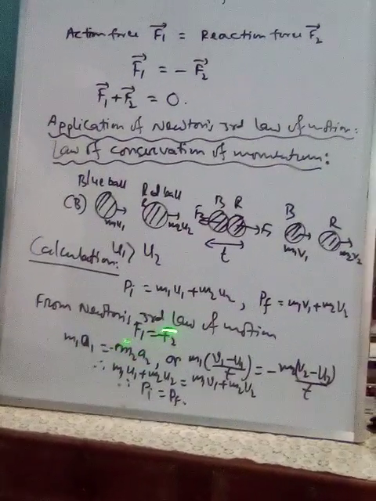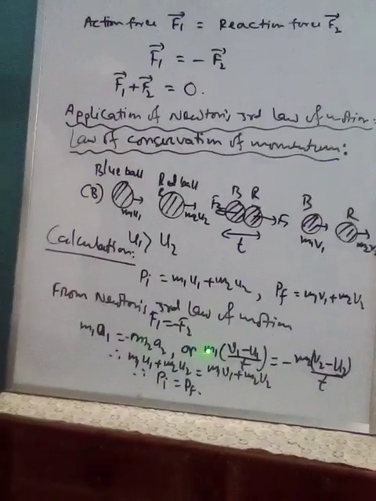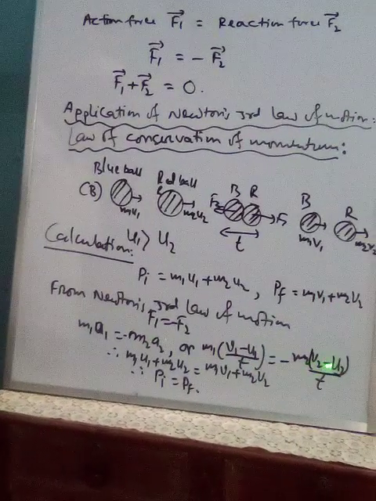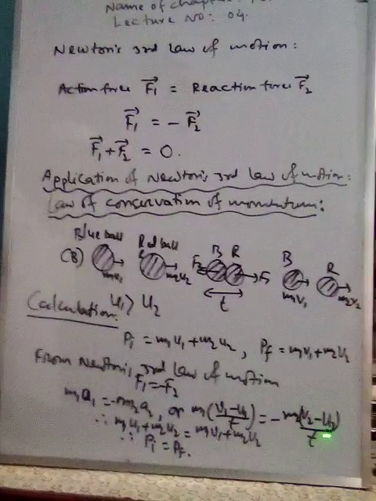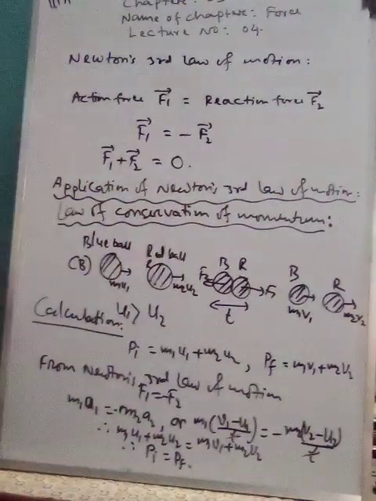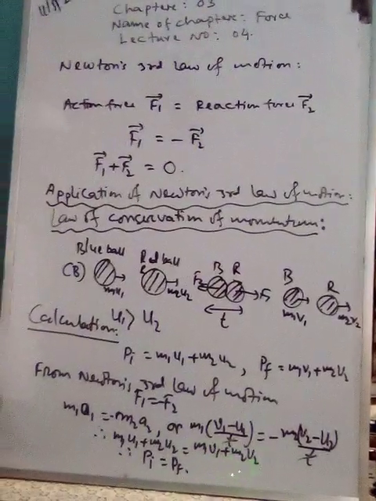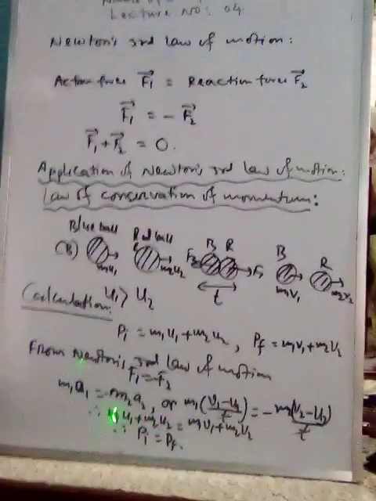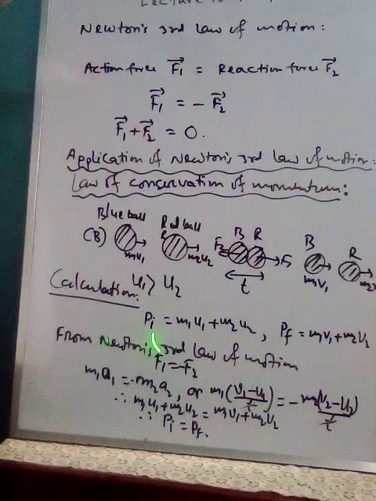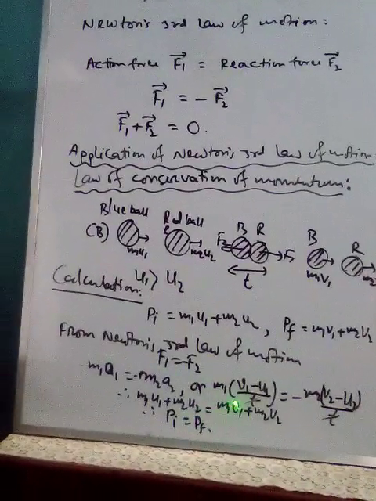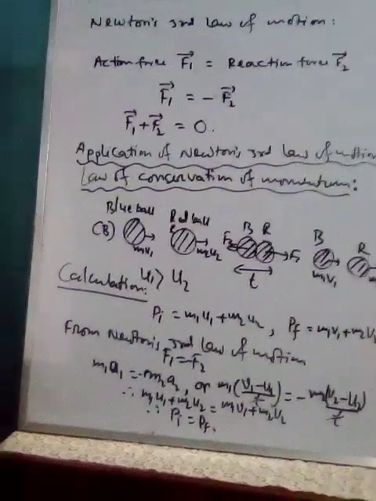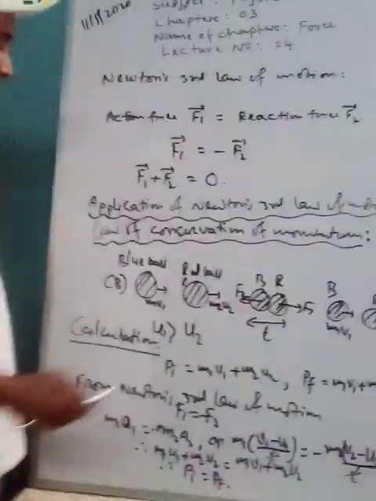If I put the values of a1 and a2, I get m1 times (v1 minus u1) by t equals minus m2 times (v2 minus u2) by t. Cancelling t from both sides, finally we get m1 u1 plus m2 u2 equals m1 v1 plus m2 v2. Here m1 u1 plus m2 u2 is the initial momentum Pi, and Pf is the final momentum m1 v1 plus m2 v2. That proves the law of conservation of momentum.